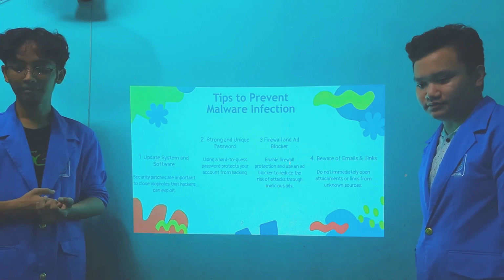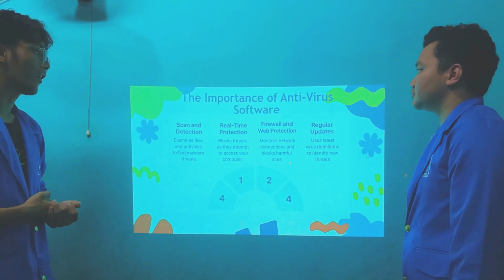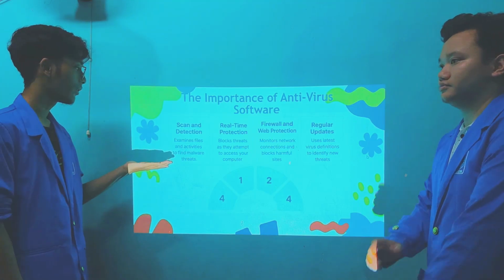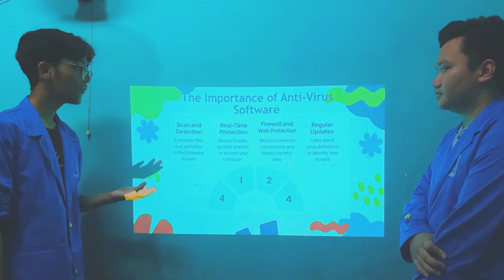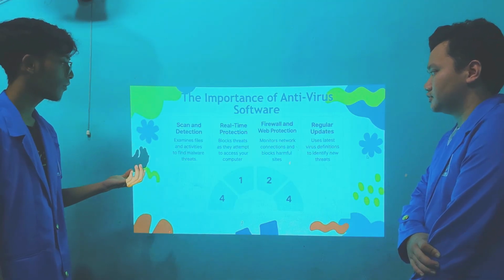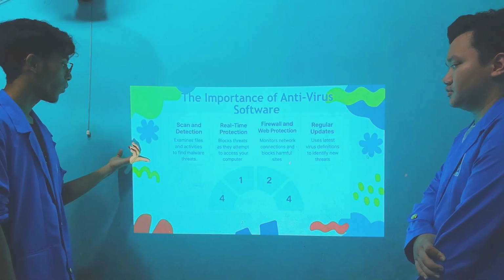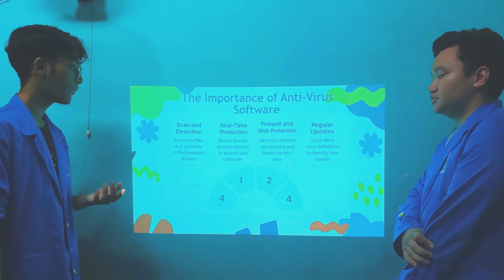Next. The importance of antivirus software. First, we can use scan and detection, real-time protection, firewall and web protection, and regular updates. Scan and detection: we can examine files and activity to find malware threats.